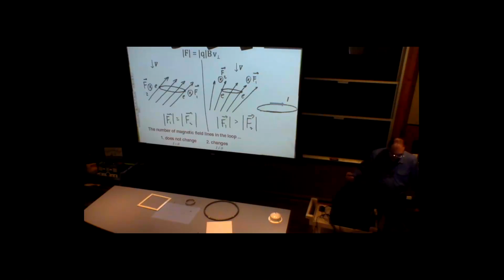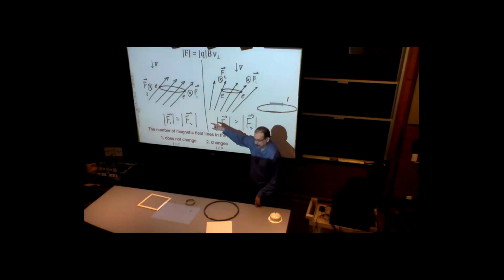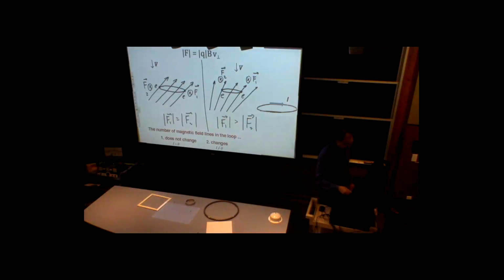And now, so this is a summary. Uniform magnetic field, no electric current induced. Non-uniform magnetic field, induced electric current not equal to 0.